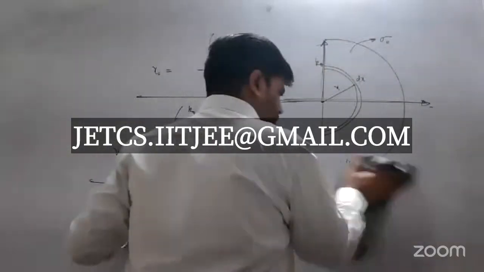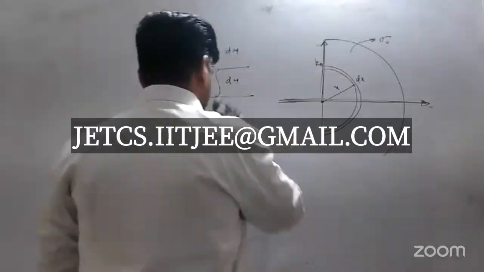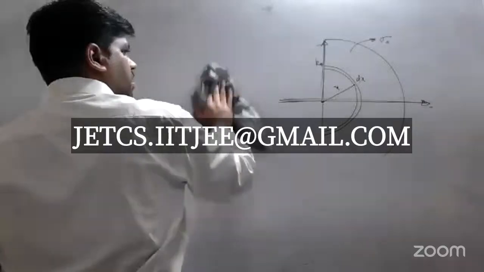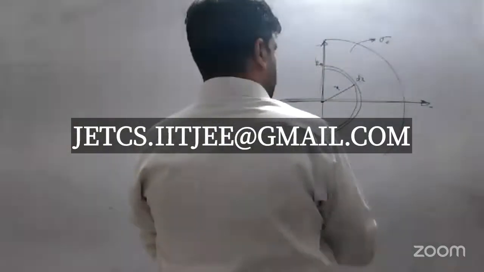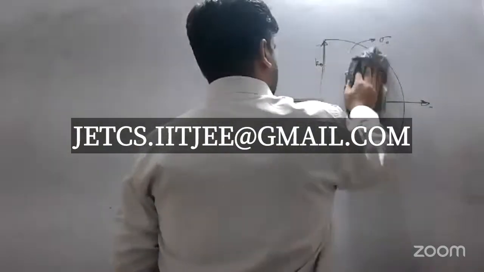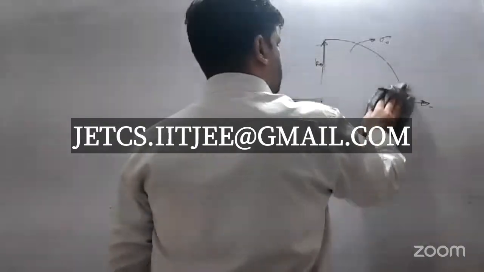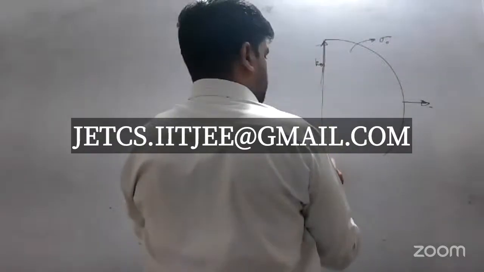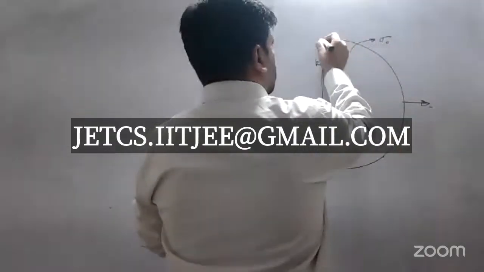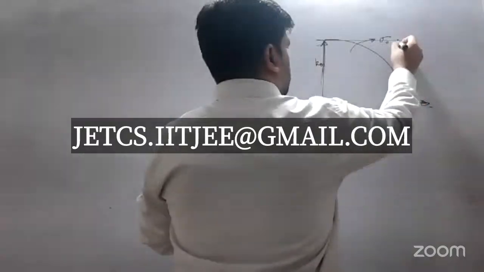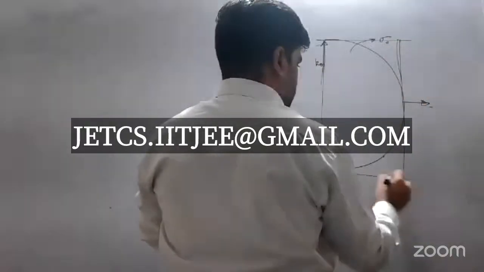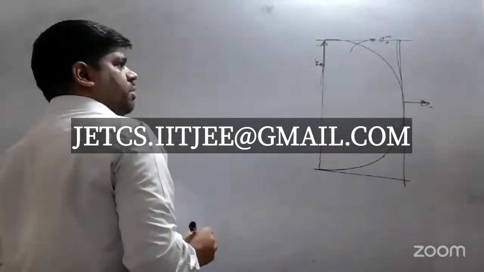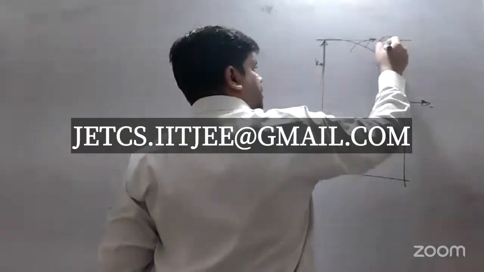For a ring, it is 2r by pi. So this is the remaining portion.